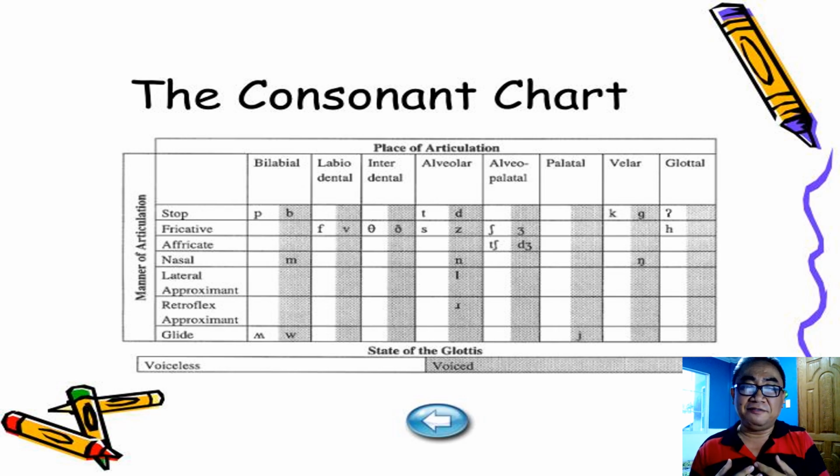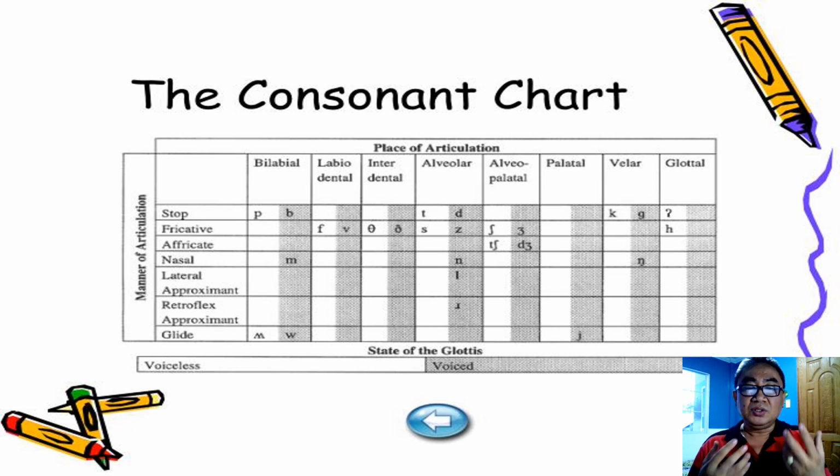Examples in English include the voiceless ones. Most languages have fricatives, though many have only one.